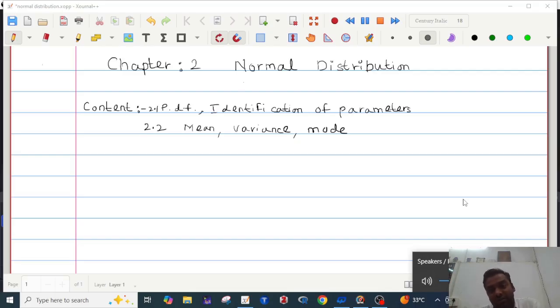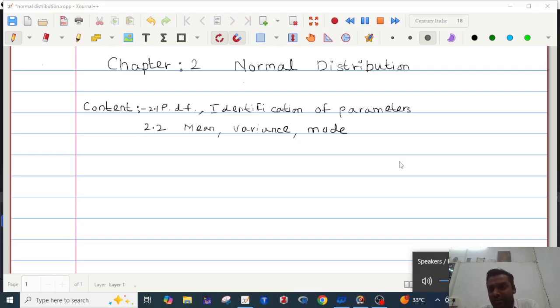Why do we call it so? Because the central limit theorem states that for whatever the distribution, whether it is discrete or continuous, as we increase the sample size, the graph of the distribution becomes like the normal distribution.